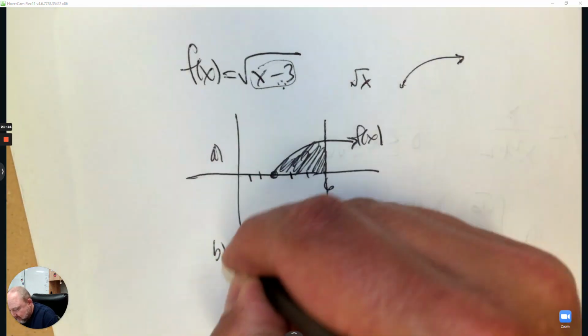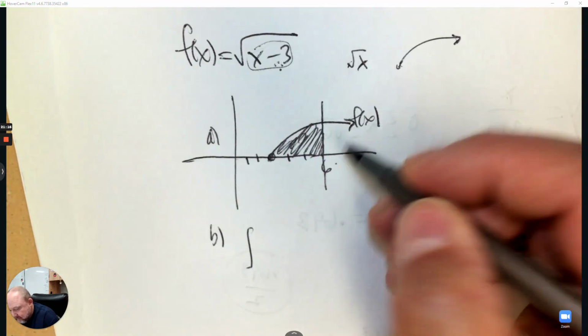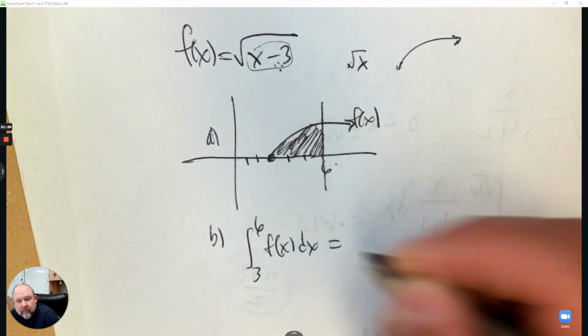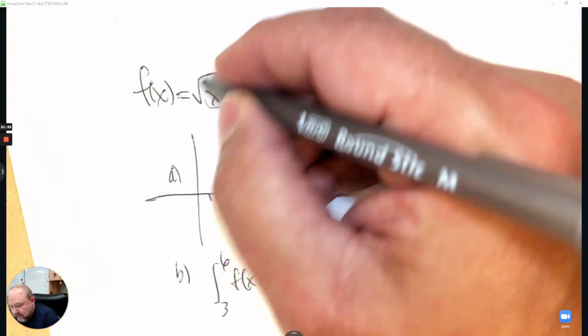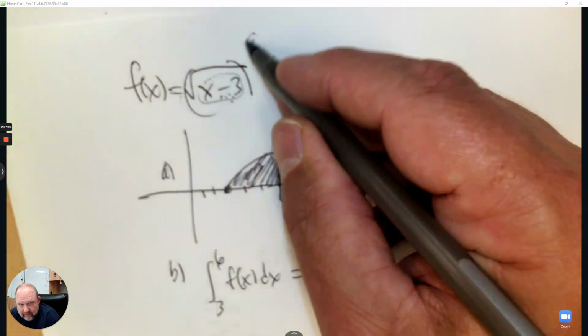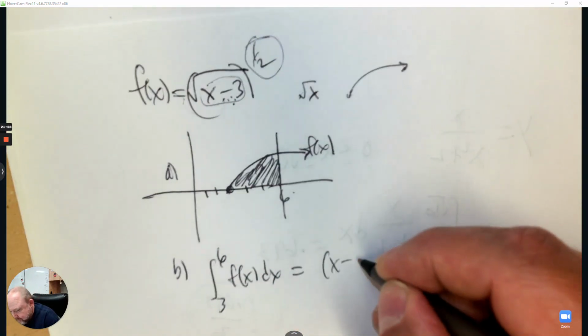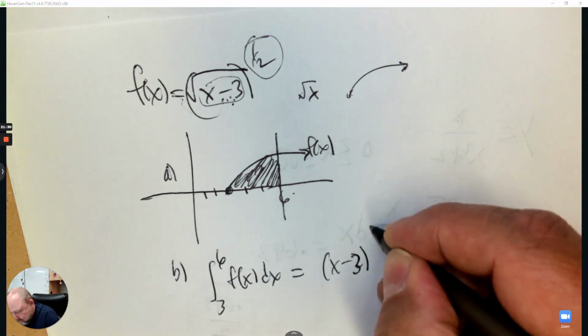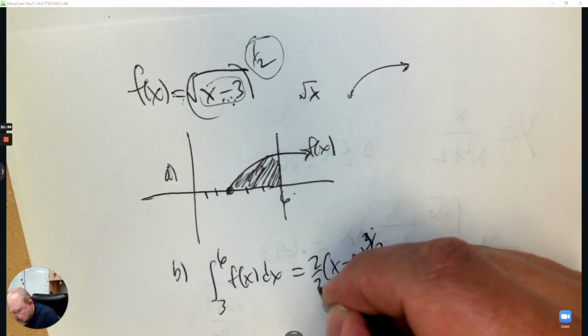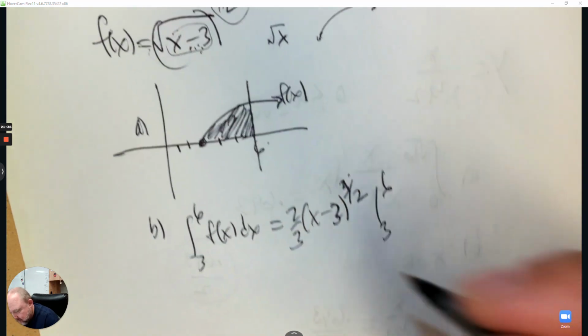Find the area of that. So that's part A. That's an integration question from 3 to 6. So if I write this calculus friendly, there's no hook involved at all. So I just have to add 1 to the exponent, which is what, 3 over 2, and then divide, or the reciprocal, from 3 to 6.